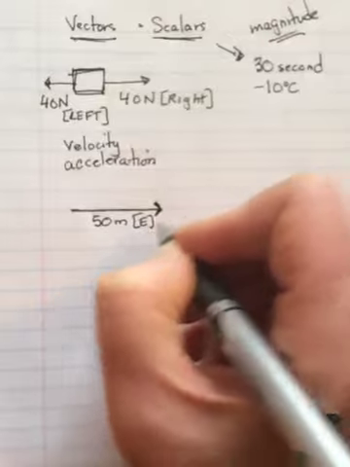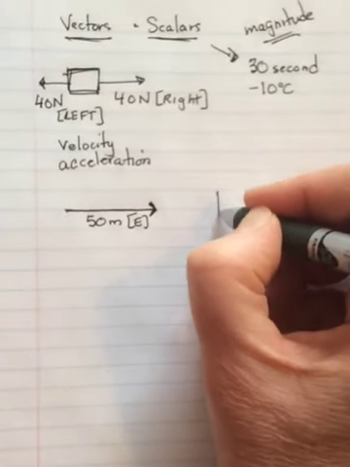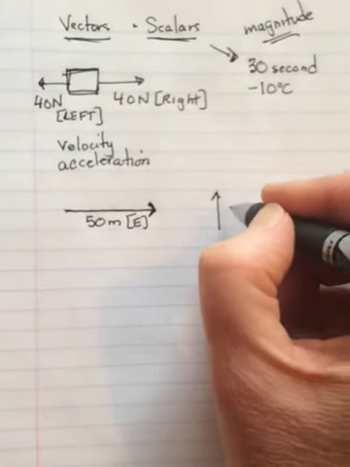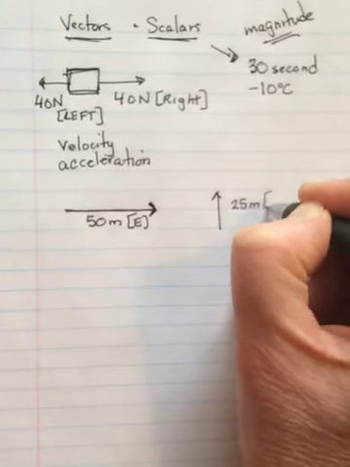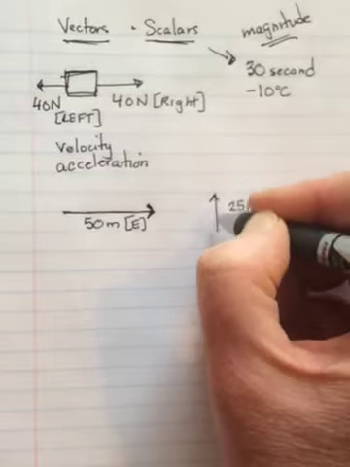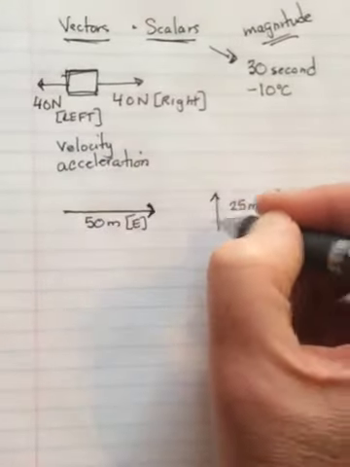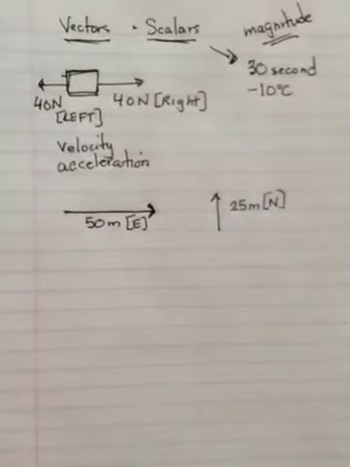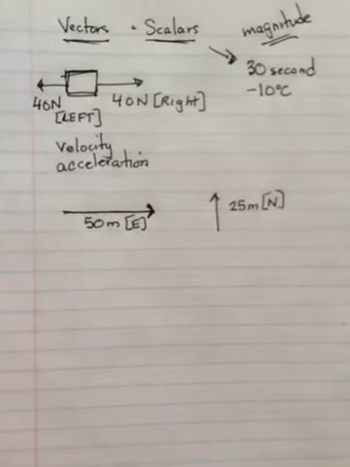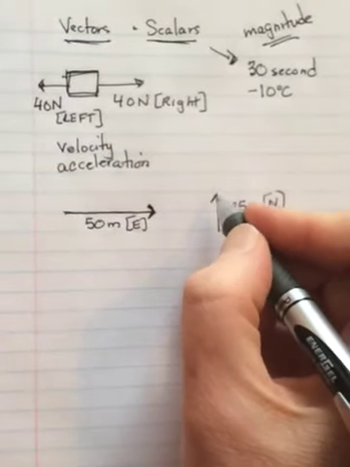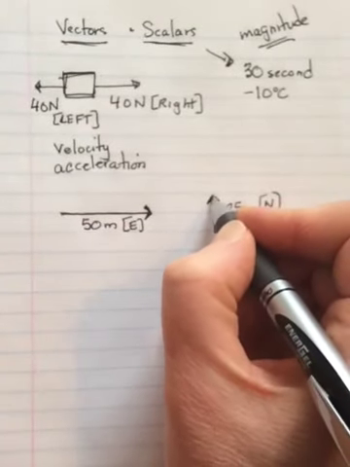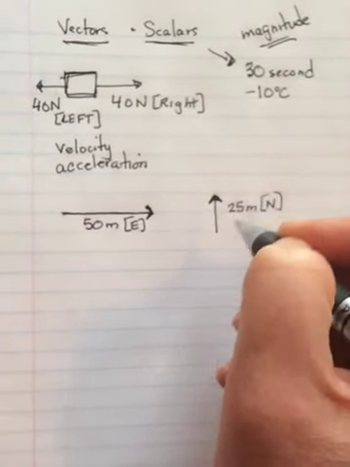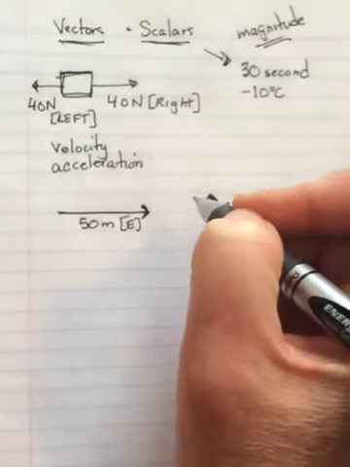Whereas this might be 25 meters north, right? So this one is about half the length of the first, and it's pointing in a perpendicular direction. Okay, so the length of the shaft tells us about the magnitude of the vector. The direction that the arrowhead is pointing in tells us about the direction that the vector is going.